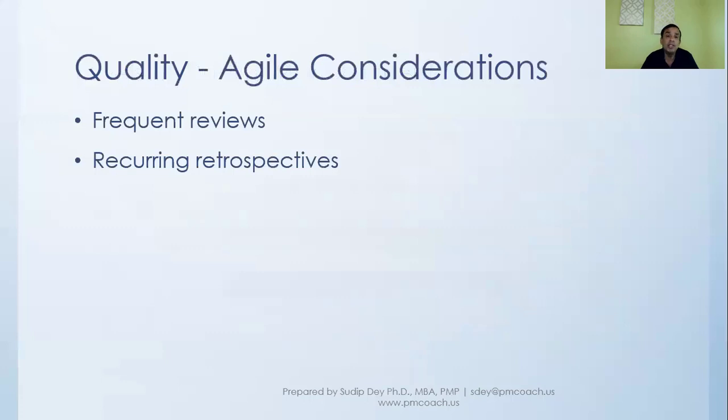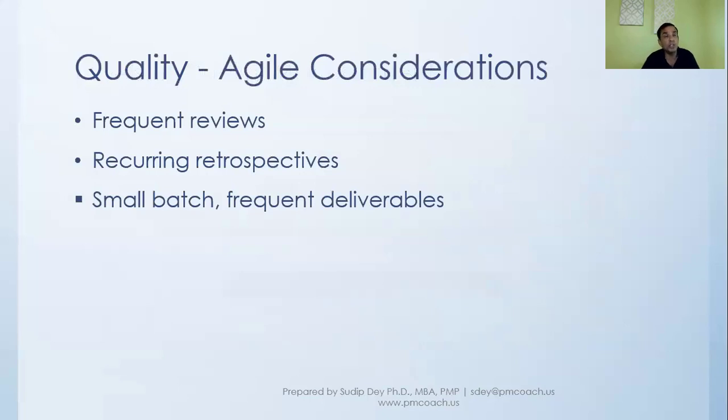If you remember, retrospectives are self-reflection by the team. When they self-reflect, they determine what is going wrong and how it can be improved. As a result, the process becomes more quality conscious. Also, because of small batches and frequent deliverables, quality really gets built into the process when we take an agile approach.